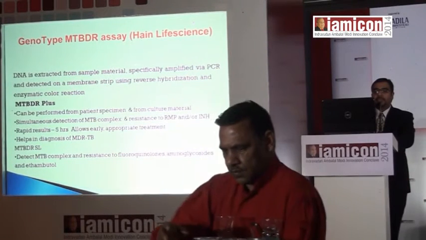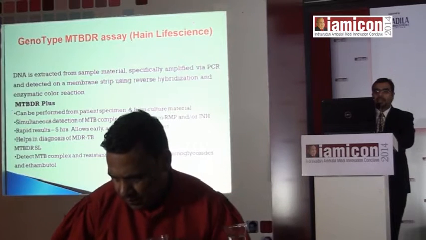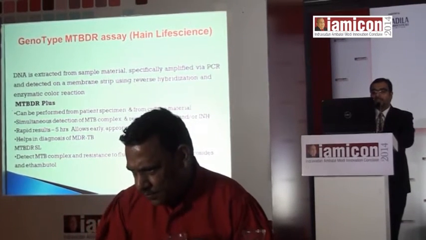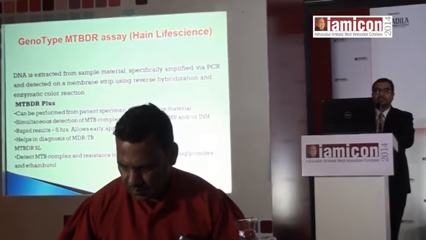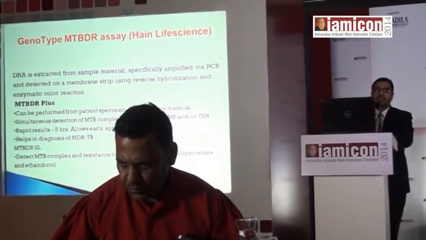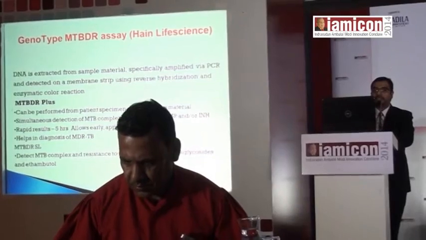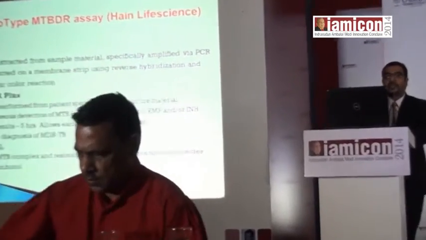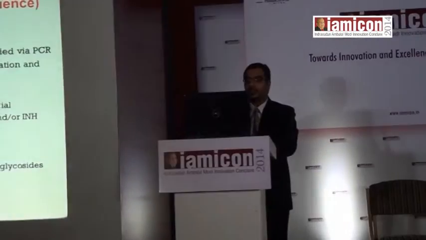It is of two types, MTBDRplus or MTBDRsl. MTBDRplus helps in detection of resistance to first line drugs, especially rifampicin and isoniazid. And MTBDRsl helps in detection of resistance to second line drugs like fluoroquinolones, aminoglycosides, and ethambutol. So it helps in diagnosis of XDR tuberculosis.